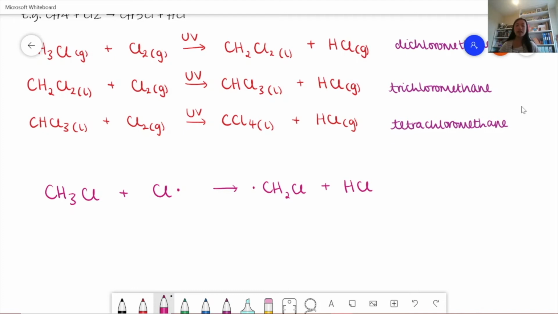And then in the second step, we would have this free radical reacting with chlorine to form the CH2Cl2 and reform this chlorine free radical. And then this CH2Cl2 can then go on to form CHCl3, and this CHCl3 can then form the tetrachloromethane, the CCl4. And so you can see that we can actually go through loads and loads of free radical substitutions, and so we'll get a mixture of products.